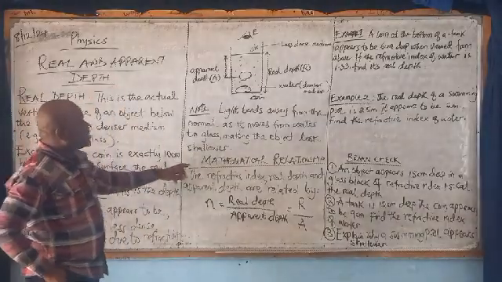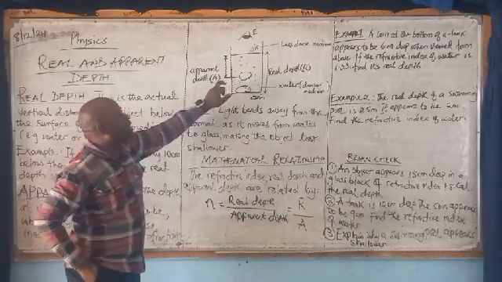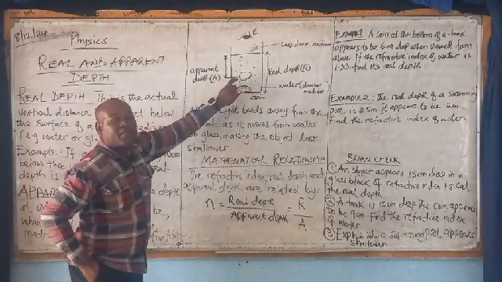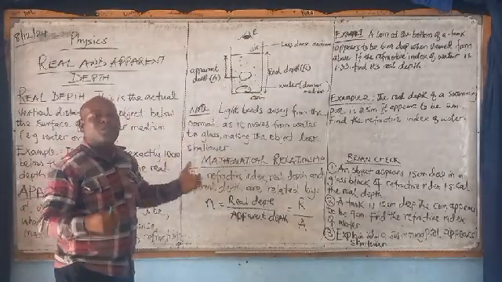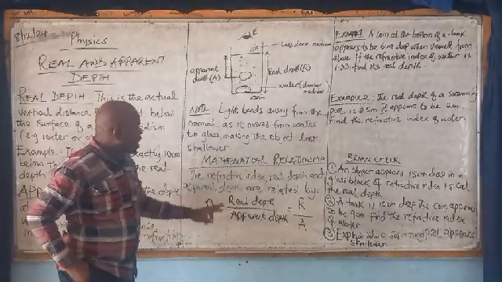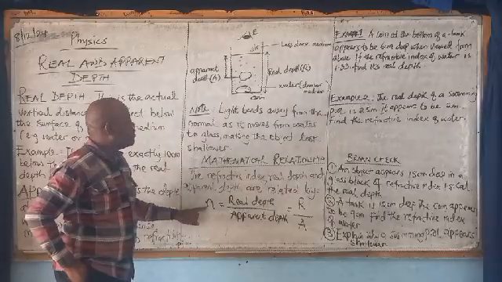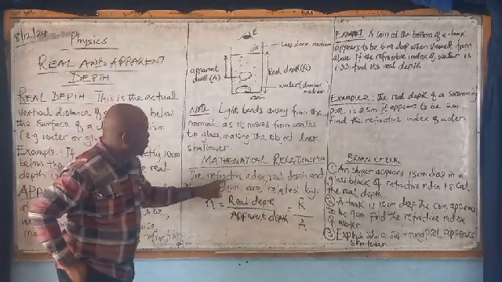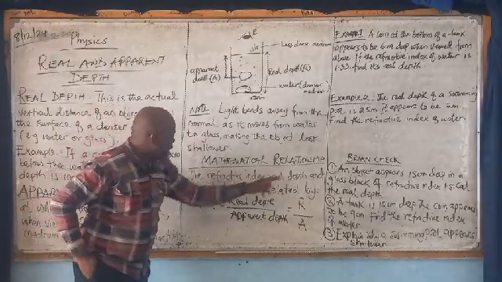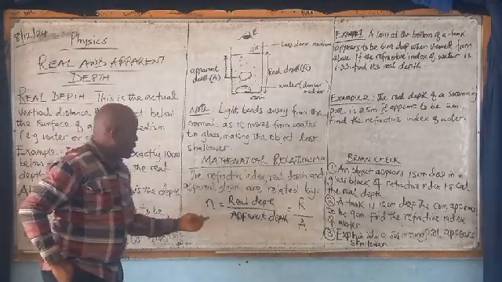So there is a mathematical relationship involving the refractive index. The refractive index talks about the rate at which light can travel in a medium. The higher the refractive index, the slower the speed of the light. The relationship between refractive index, real depth, and apparent depth is given below.